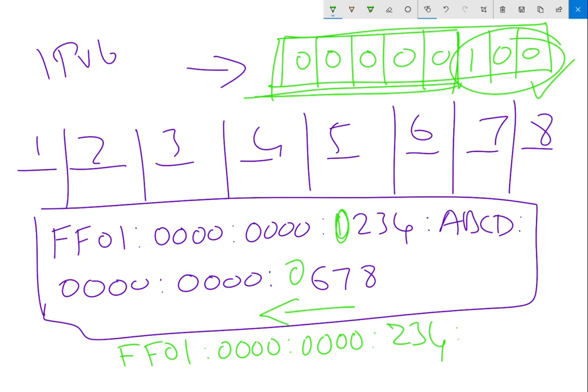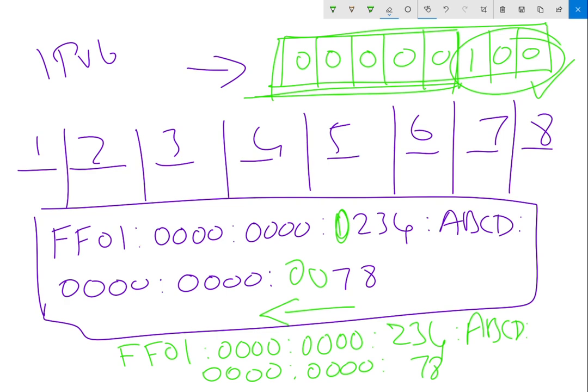It is the same value, okay, and then you say ABCD, and then you say 0000, 0000, and then here you say 678. If it is 0078, then here you can just say 78. So the second point in representing an IP version 6 is you can omit the leading zeros, okay.